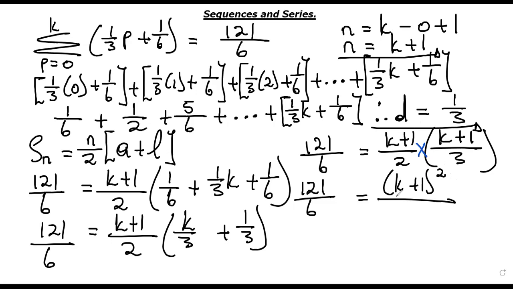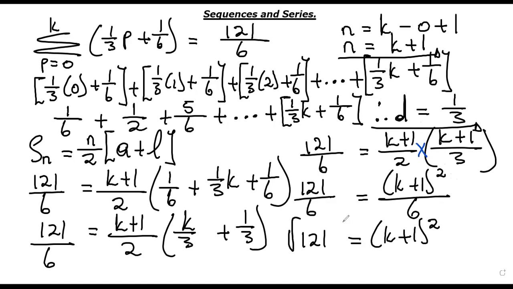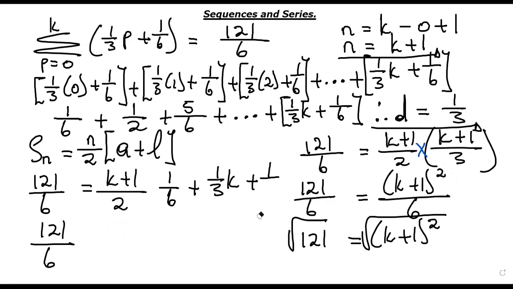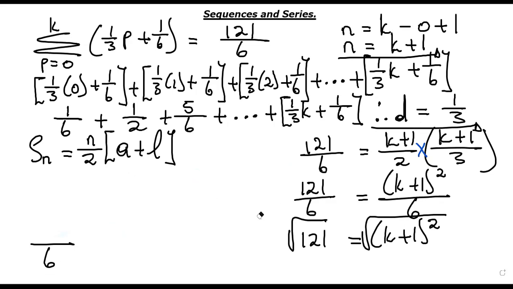And then you say 2 times 3, you get 6. Then once again, you said, if the denominators are the same, the numerators are bound to be the same. In order to solve for k, we have to introduce the square root on both sides. Do you see that? So you'll decide which one is easier for you to work with.